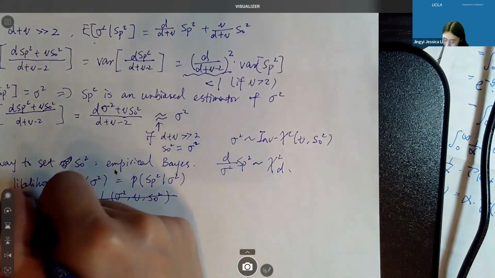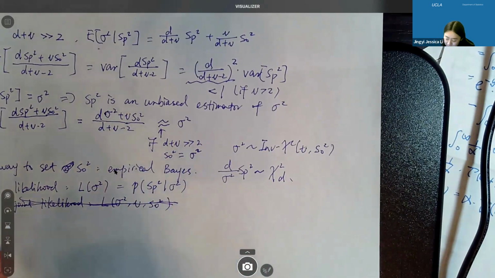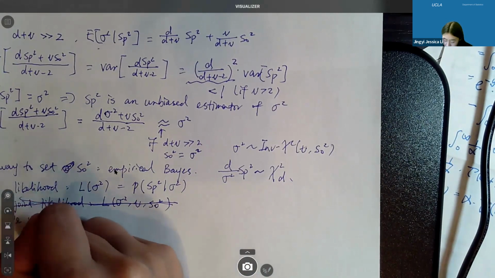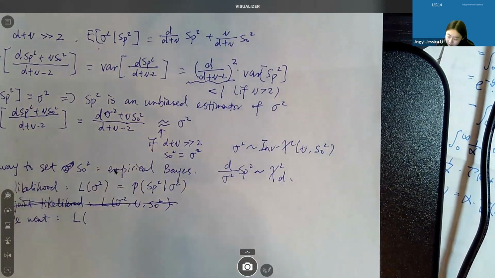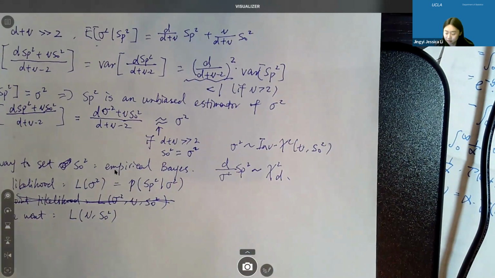My bad. So forget about this. So let's say that this is the density, right? But what we want is the likelihood of the hyperparameters. So v and s0 squared, they should be there, okay?